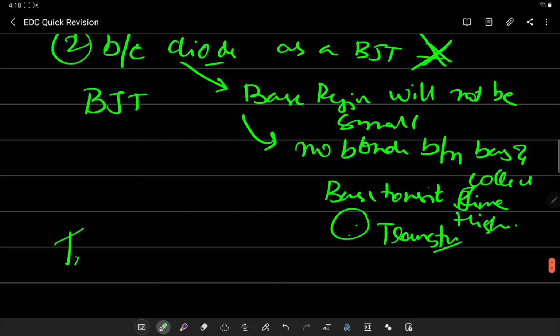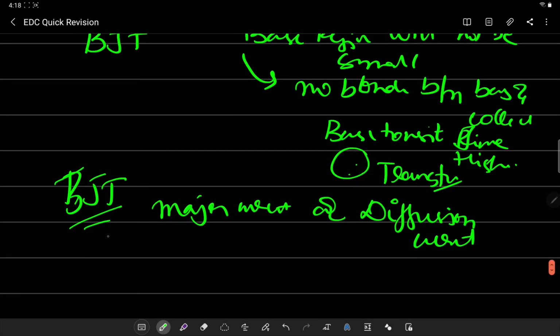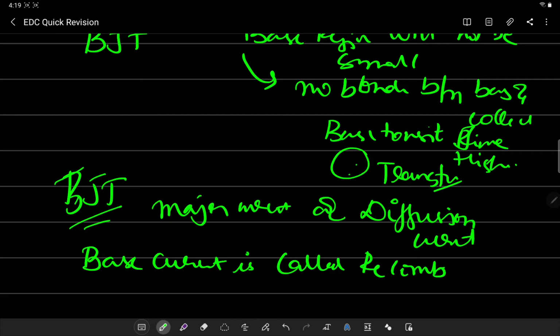So in a transistor, the major currents are diffusion currents, and the base current is called a recombination current.